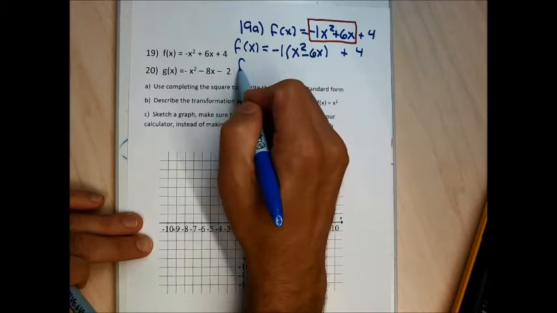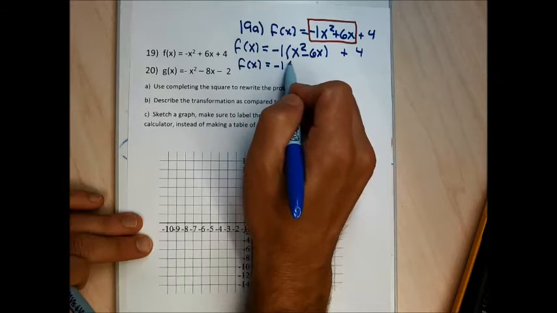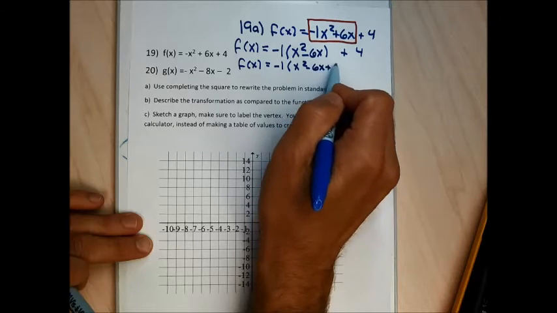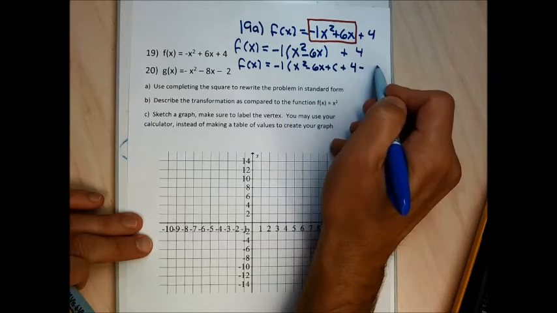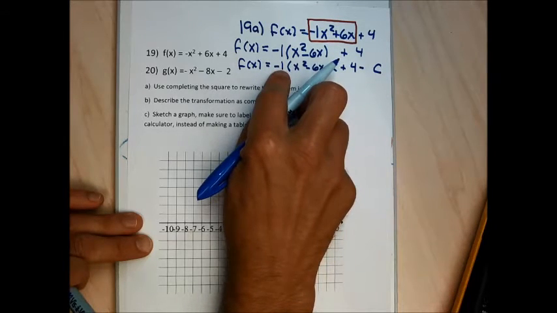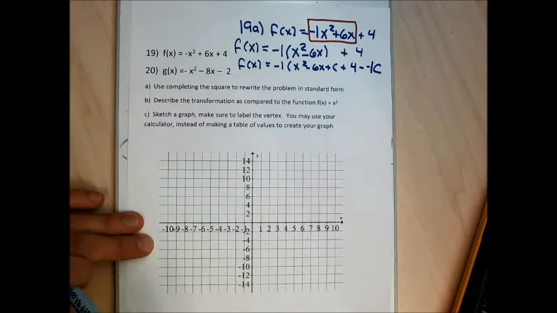Now I'm ready to add and subtract c. So I'm going to get f of x equals negative 1 times (x squared minus 6x plus c) plus 4 minus c. And when there's a number in front of the parentheses, you need to take that number and put it in front of the c as well. So it's going to be minus negative 1 times c.